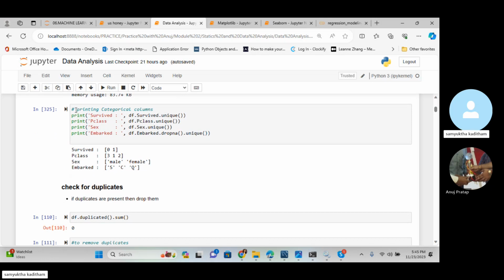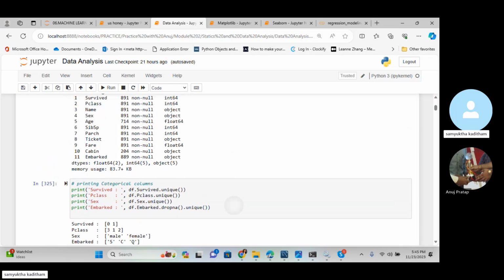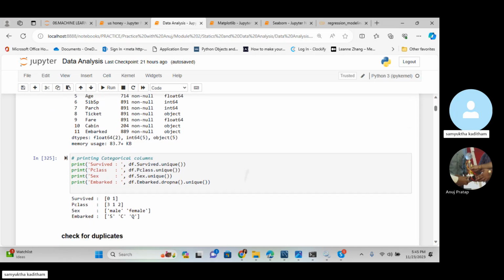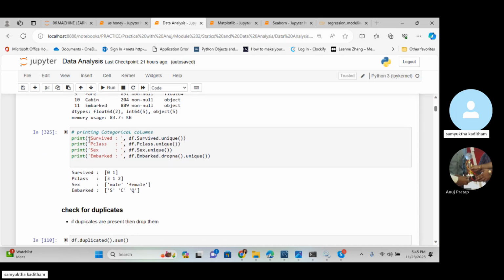Then in the columns we are going to work on the categorical columns. What is Pclass? Pclass is passenger class. There are three classes: first class, second class, third class. So there are three categories: first, second, and third. In Survived, there are two categories. Zero is dead, one is survived.